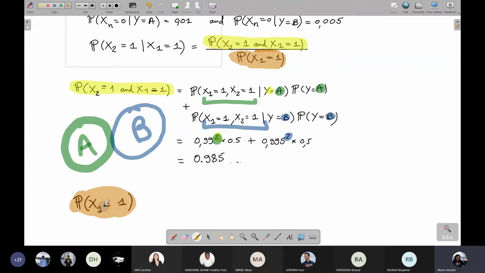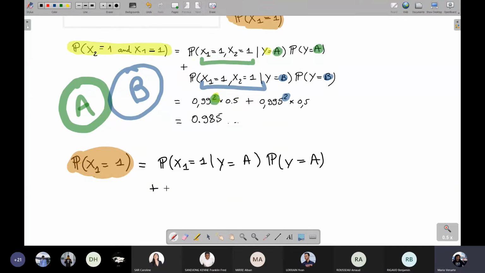Again, using the total probability formula, this probability is equal to the probability of x1 equals 1 given y equals A, times the probability that y equals A, plus the probability that x1 is equal to 1 given that it comes from the B factory, multiplied by the probability that the factory is B.